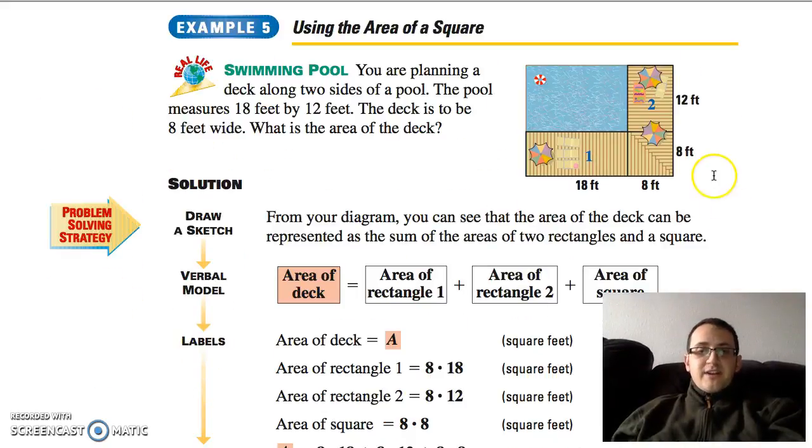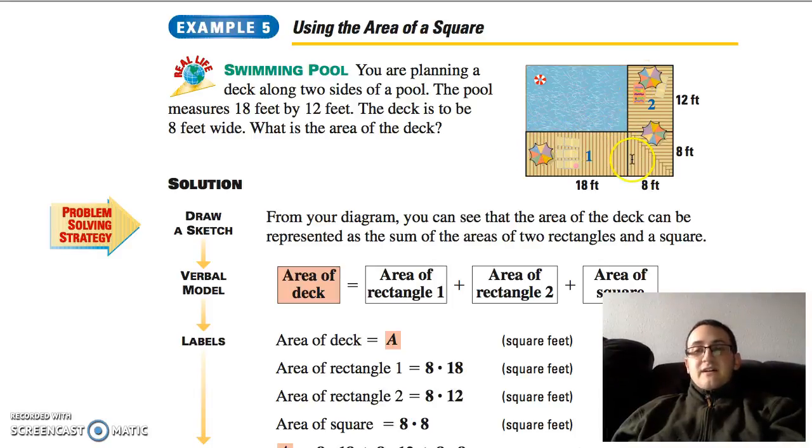Let's say that we are going swimming, for instance, and we want to find the area of a deck along 2 sides of a pool. The pool measures 18 feet by 12 feet, and the deck is going to be 8 feet wide. We drew a picture here, and we see that it's an irregular shape. So what we did was divide it into 3 rectangles.